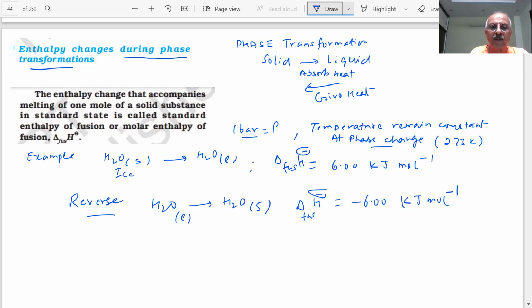Got the point? So heat is going to be evolved. If you want to freeze water, it will have to give heat to the surroundings. How much? Reverse of this, minus 6 kilojoule. So the enthalpy change that accompanies melting of 1 mole of solid substance in standard state is called standard enthalpy of fusion or molar enthalpy. Note it down, then I proceed further.